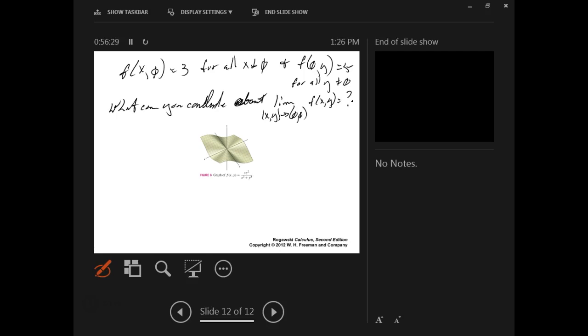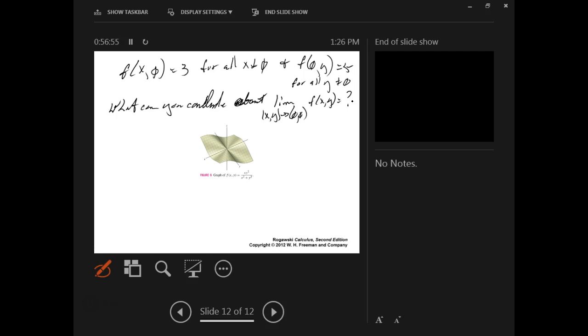F of x0, if I just use this as my xy plane, with z coming out this way. So f of x0, any value x but y is always 0, is 3 units out here, 1, 2, 3 units out, everywhere along here, except at 0. We don't know.